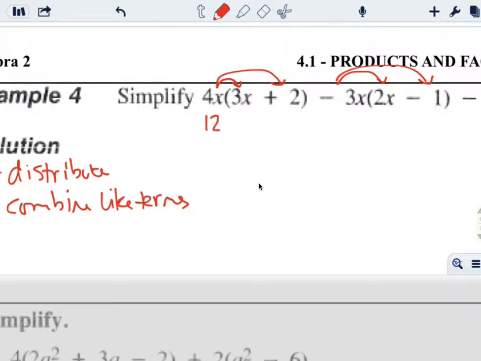4x times 3x is 12x squared. 4x times 2 is 8x. Negative 3x times 2x is negative 6x squared. Negative 3x times a negative 1 is positive 3x.